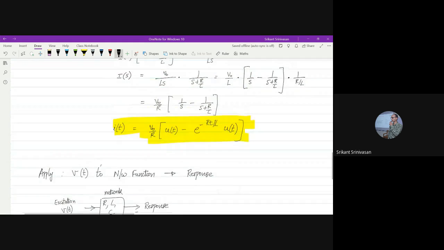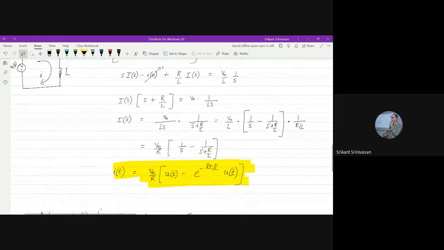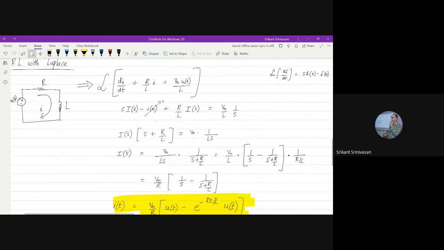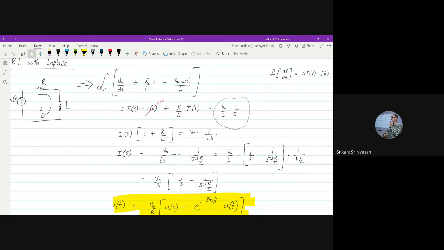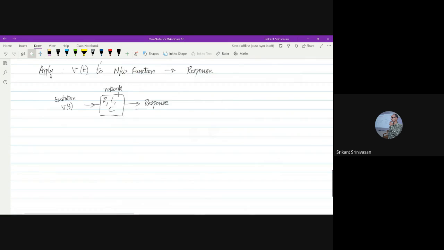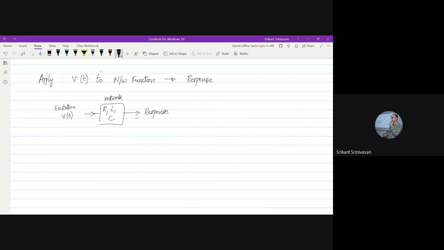This is what happened when I solved this equation. When I wrote things in the Laplace domain, this was my excitation. I have already modified this equation, so let me rewrite it for clarity. For the series RL network, I apply some voltage V of t equal to I of t times R plus L di by dt.